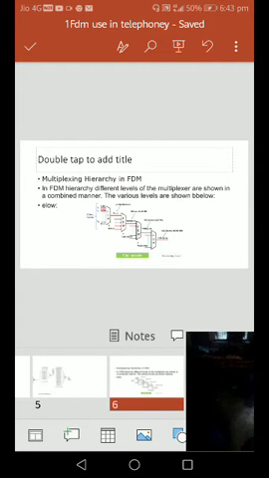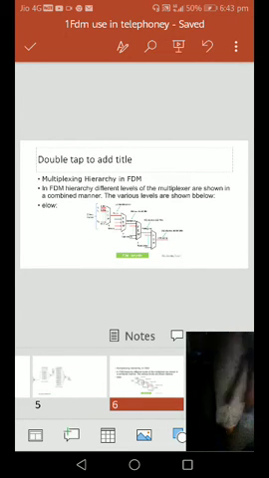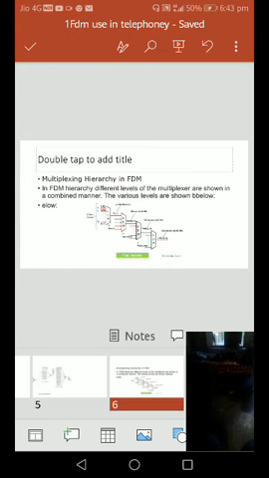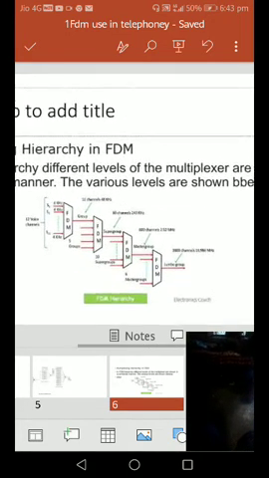Next slide. Multiplexing hierarchical structure in FDM, frequency division multiplexing, and FDM hierarchical different levels of the multiplexer. They are shown combined, with various levels as shown in the figure.